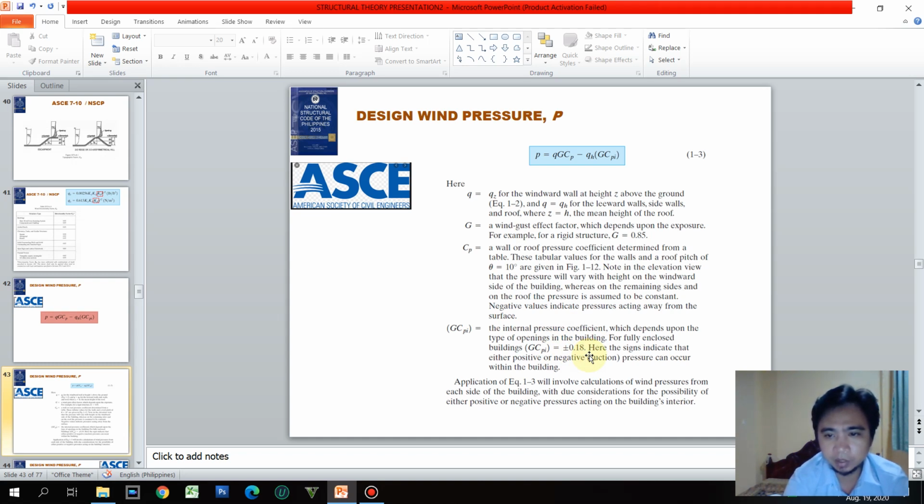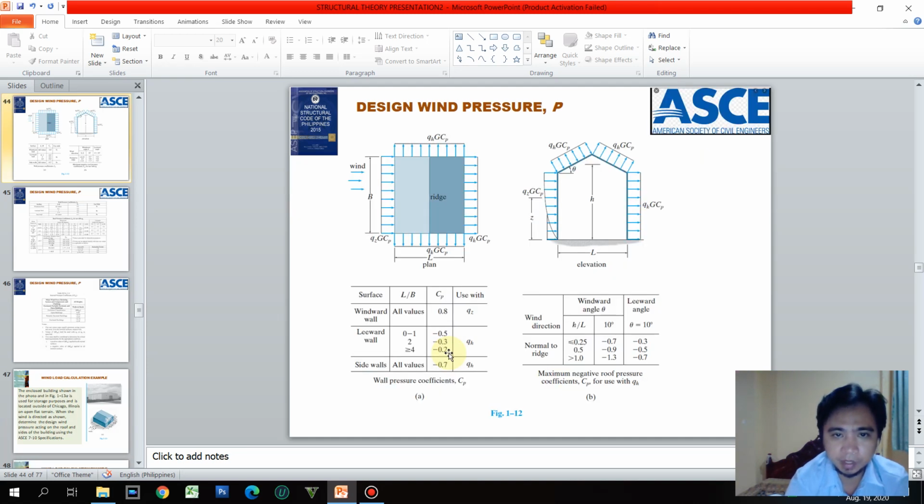So that is why plus or minus. The signs indicate either positive or negative. When we have negative, that is a suction, or it is actually pulling the surface. So a suction and a pressure can occur on the surfaces of your building.